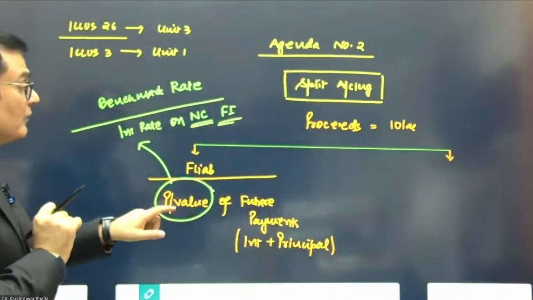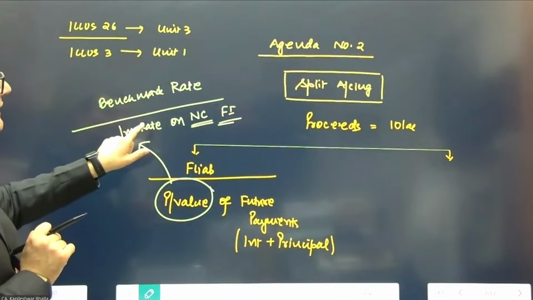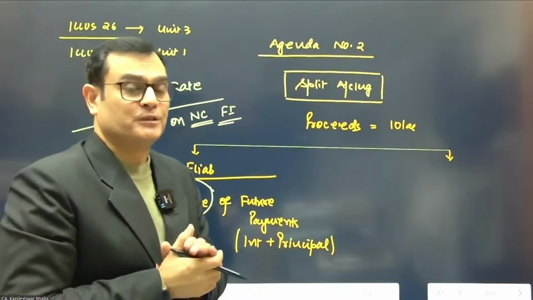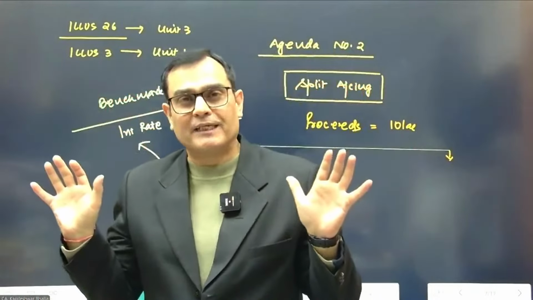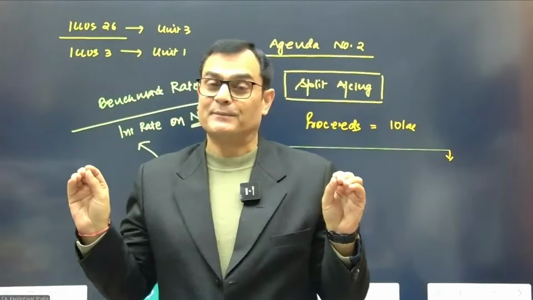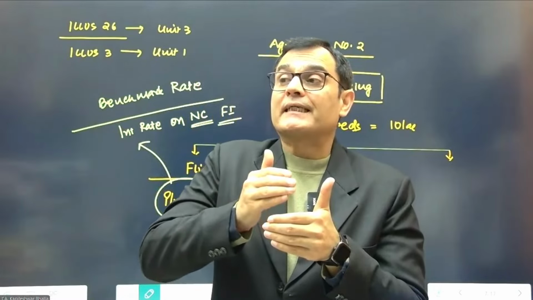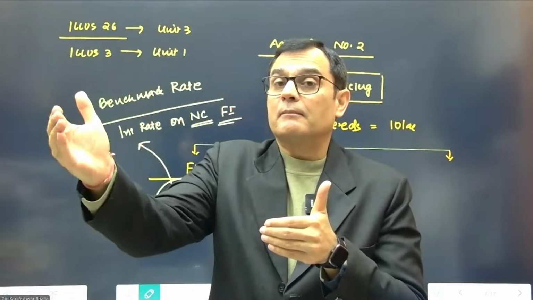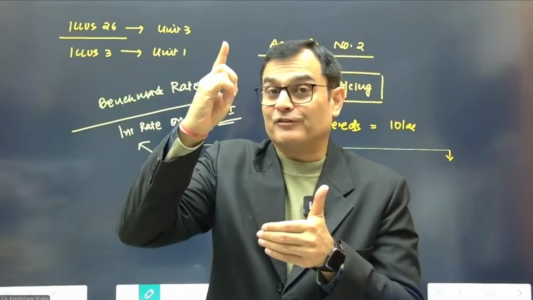So when you calculate the present value of future payments, you consider a benchmark rate, the interest rate on a non-convertible. Now let's apply some basic finance, some basic time value of money concept. You all know the basic concepts well. If I pay interest at 9%, but I discount it at 12%, please mind it carefully.